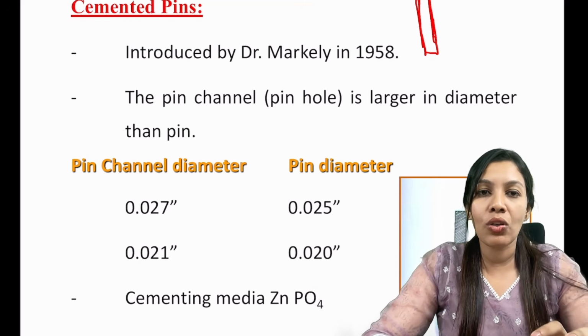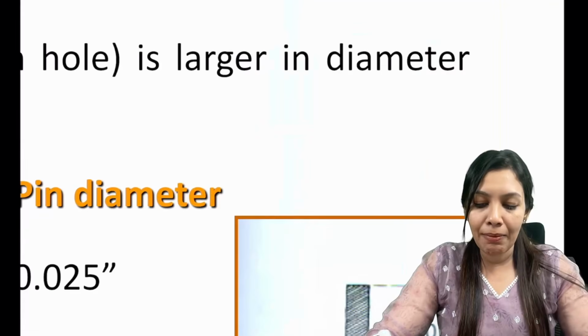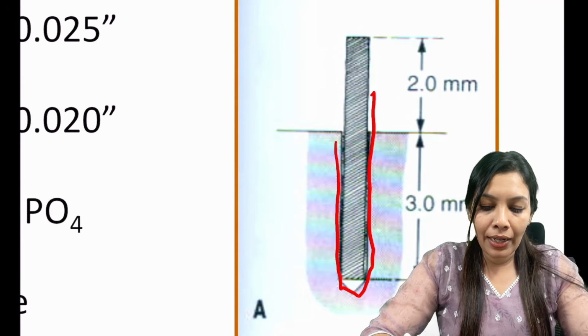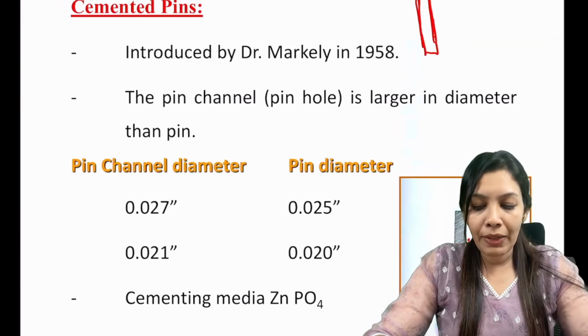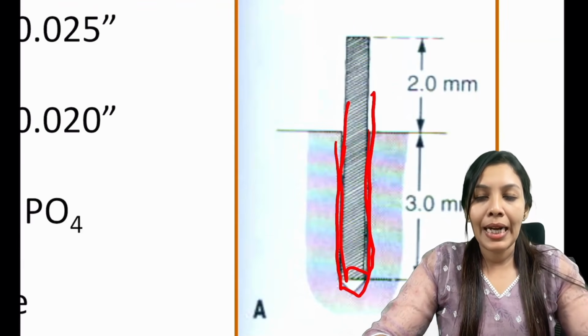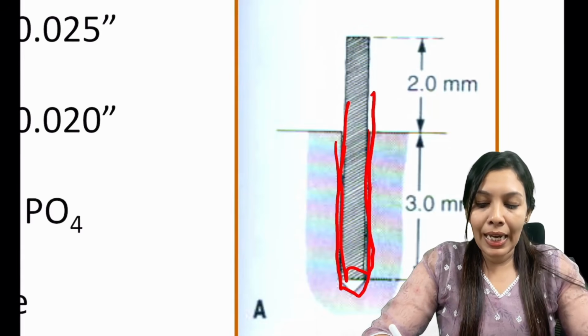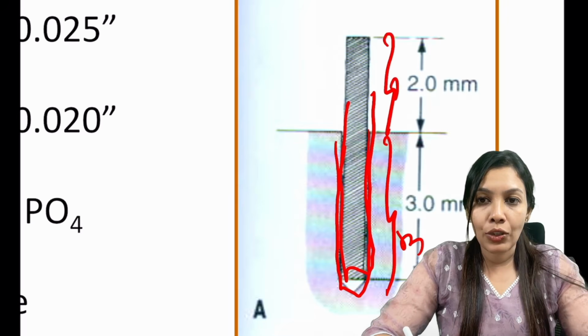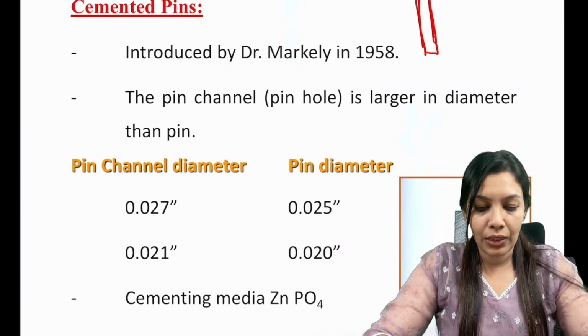That is why it is called a cemented pin. As you can see in this image, the pin channel is larger, and into that we place the cemented pin. Normally 3 mm goes into the dentine and 2 mm is seen on the outer surface, right?